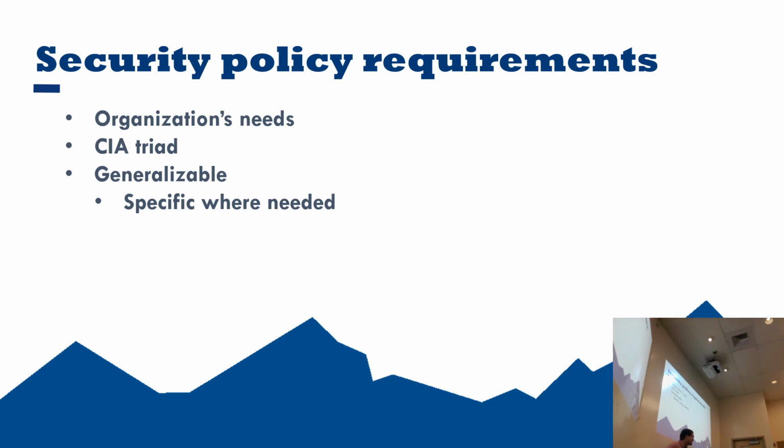And then lastly, once you've considered the CIA triad, make sure that it's a very generalizable policy, but also specific where it needs to be specific. So, for instance, your security policy, how often do you think that's going to be updated? 3 to 5 years, maybe? How often do you think technology changes?